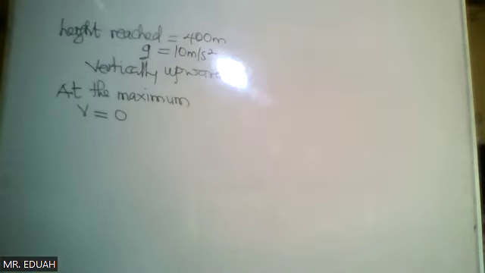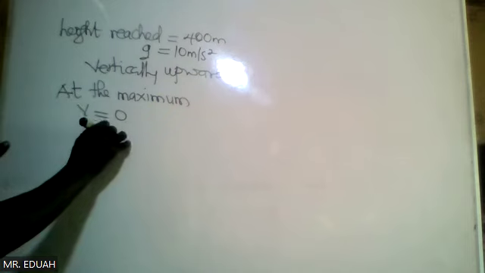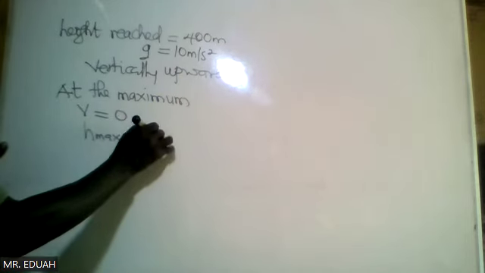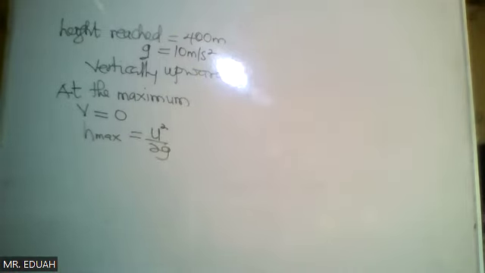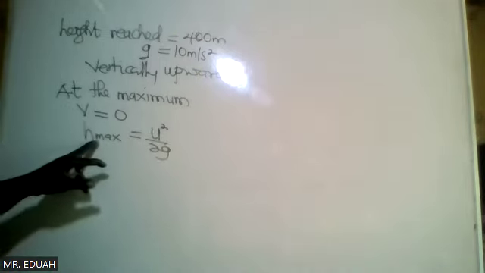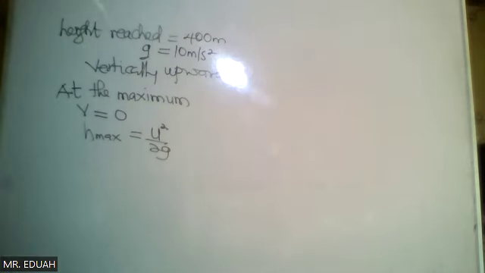Then we obtain the standard formula: the maximum height H max is equal to U squared over 2g. If you have the maximum height and you have g, can't you find U? Go ahead and solve it for me.